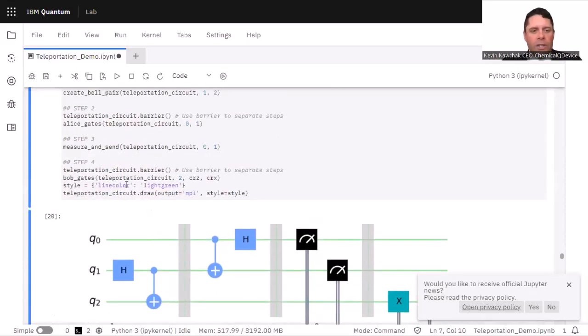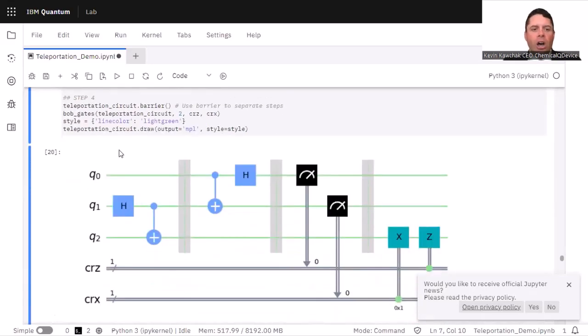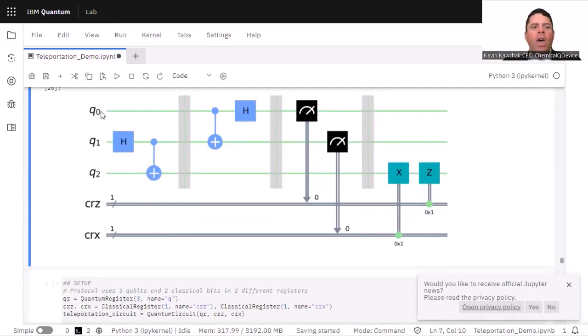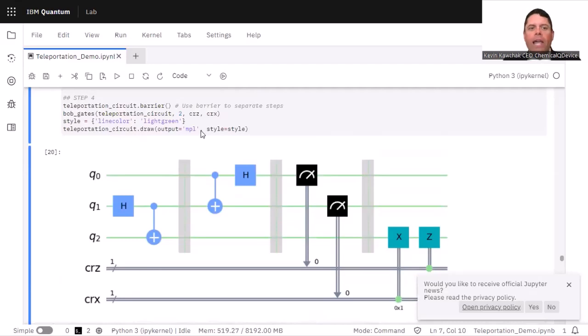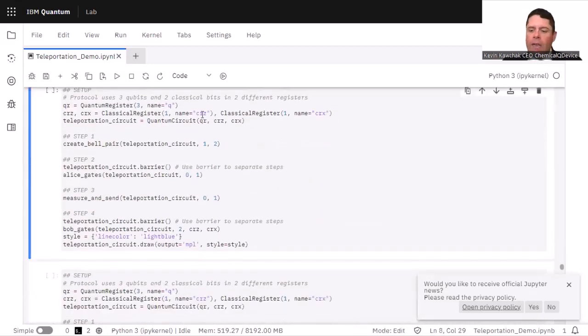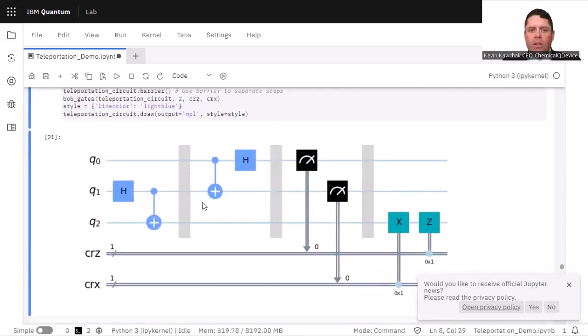So another thing is you can change the line color of all of these. So for the quantum registers or the quantum bits, you'll see green lines. And then for the classical, you'll see the dots. And that's due to this line color, light green. And then similarly, this is going to be light blue.